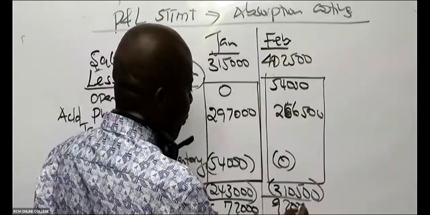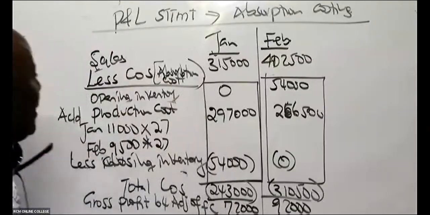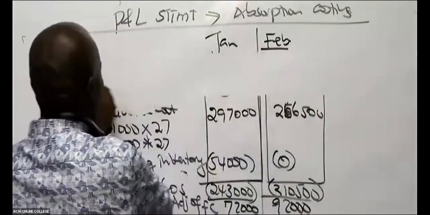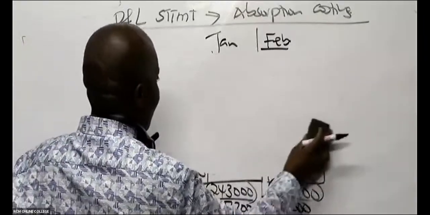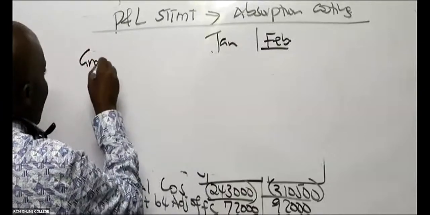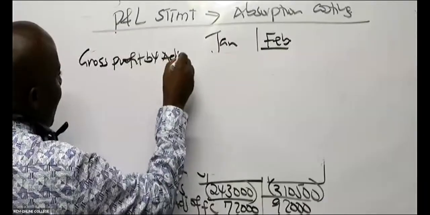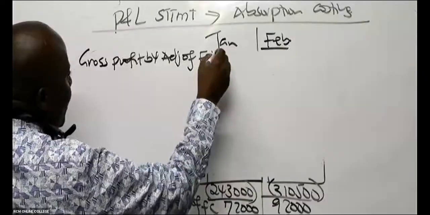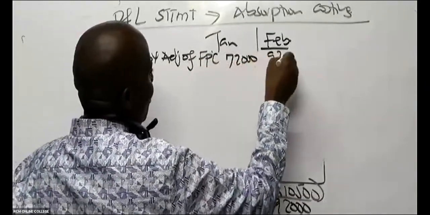So we have gotten, ladies and gentlemen, here, gross profit before adjustment of fixed production overheads or costs. 72,000, 92,000.